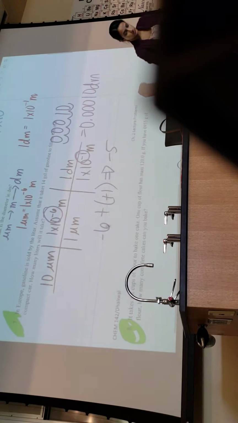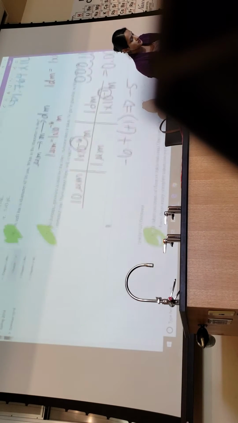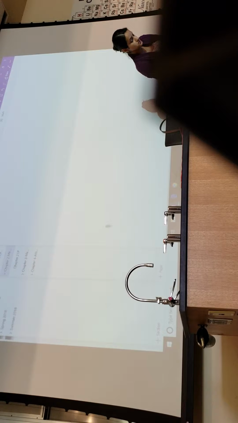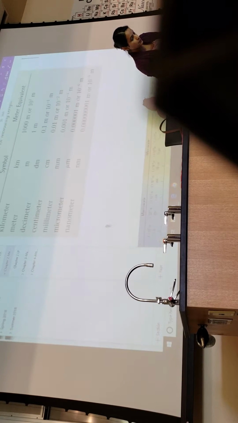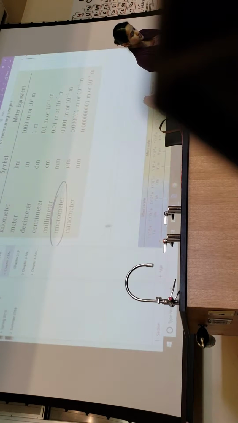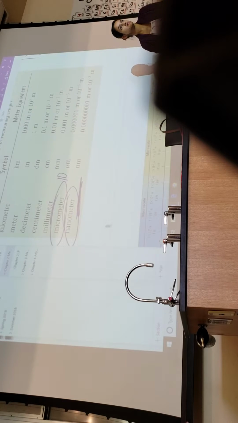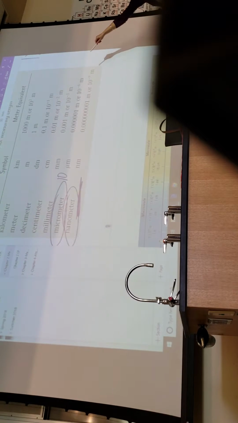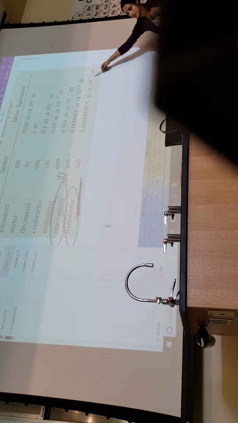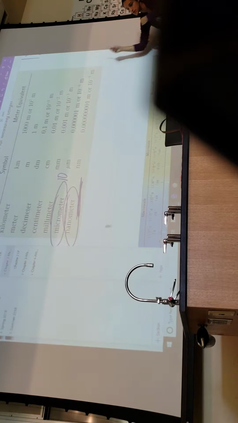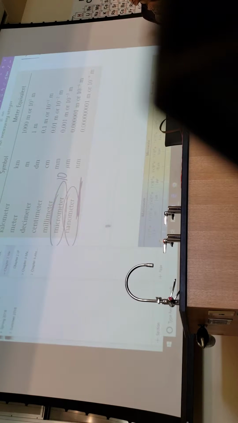It would get larger, yeah. So if I went from micrometer to nanometer, right? If this was 10, I should expect this number to be even larger. Notice it changes by a factor of 3. So I would move the decimal place 3 more times.